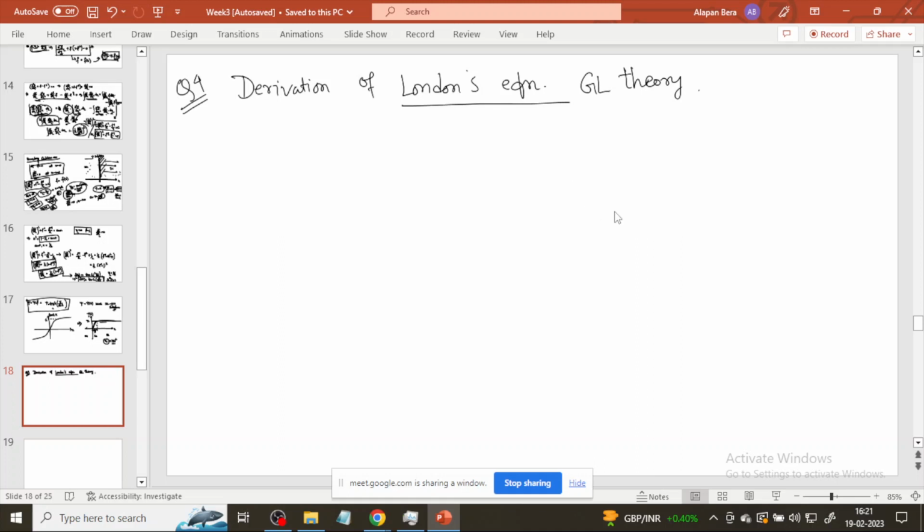Okay, so let's start with the answer of this problem. To derive the London's equation, we will start from the second GL theory, the second GL equation. The second GL equation, as we have already derived, is given by this.